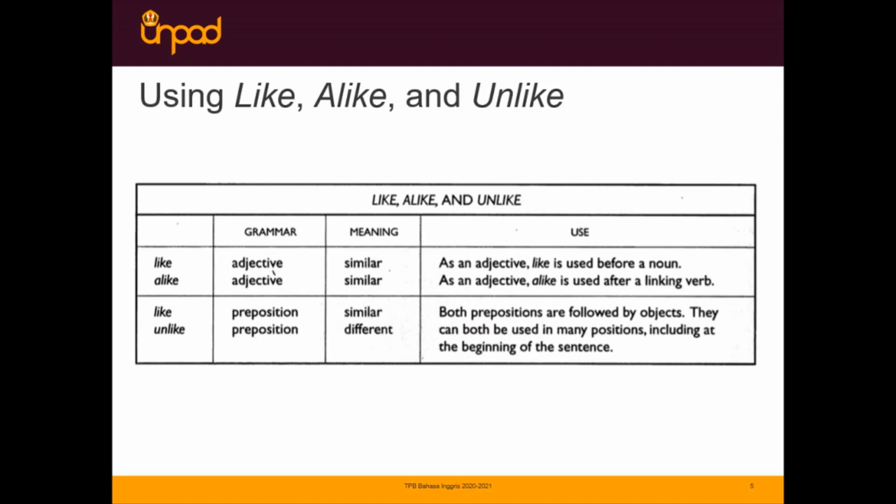In summary, we can look at the use of like, alike, and unlike as adjectives and prepositions this way. Have a look at this table. The word like that functions as an adjective has the meaning of similar in the sentence, and as an adjective, it is used before a noun.